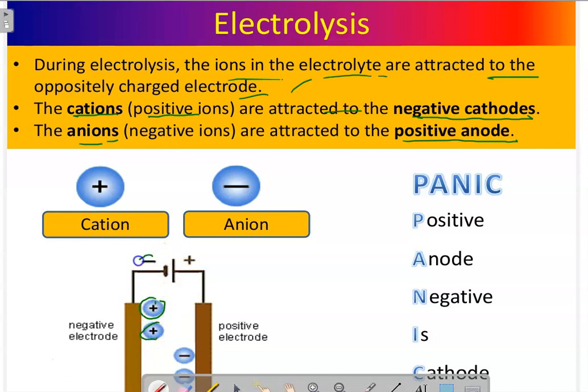You can see which electrode you are dealing with by the sign here. We have a negative sign here, which means this is the negative electrode, and therefore positive ions will be attracted to the negative electrode, and here the negative ion is attracted to the positive electrode. Again we use the acronym PANIC: positive anode, negative is cathode.